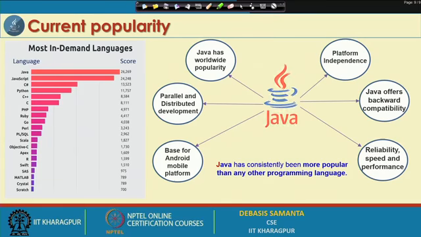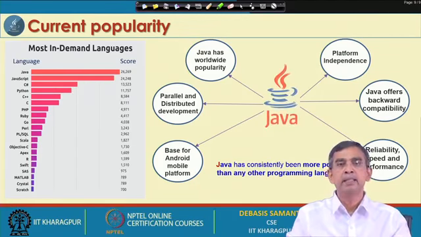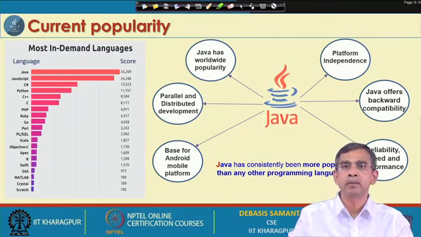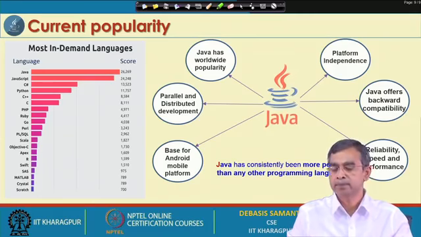Java is really very good for parallel and distributed program development, and Java is basically a programming environment suitable for the Android mobile operating system, the Android platform, and you know Android programming is now increasing in demand because of the huge development of mobile communication, mobile technology and platform independence.